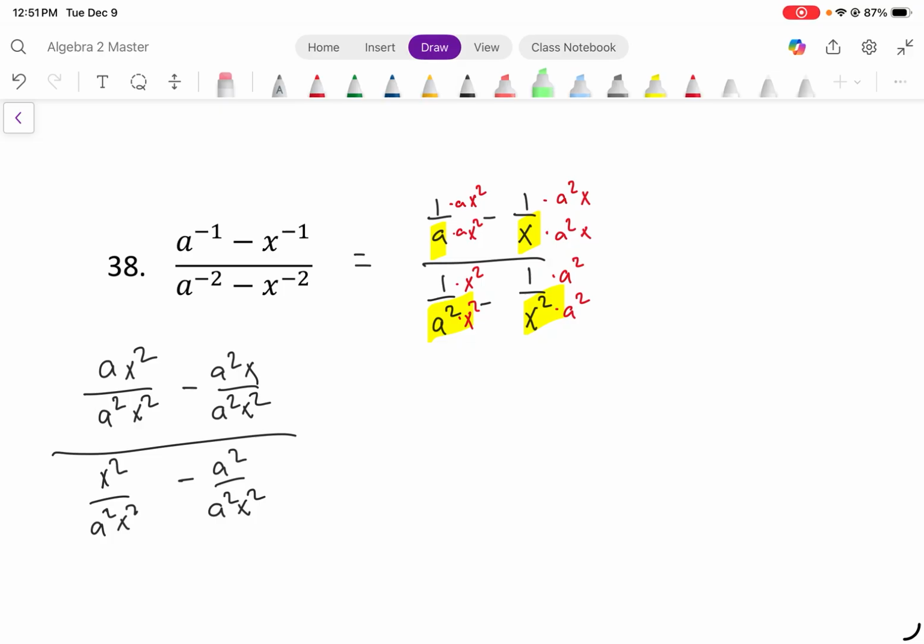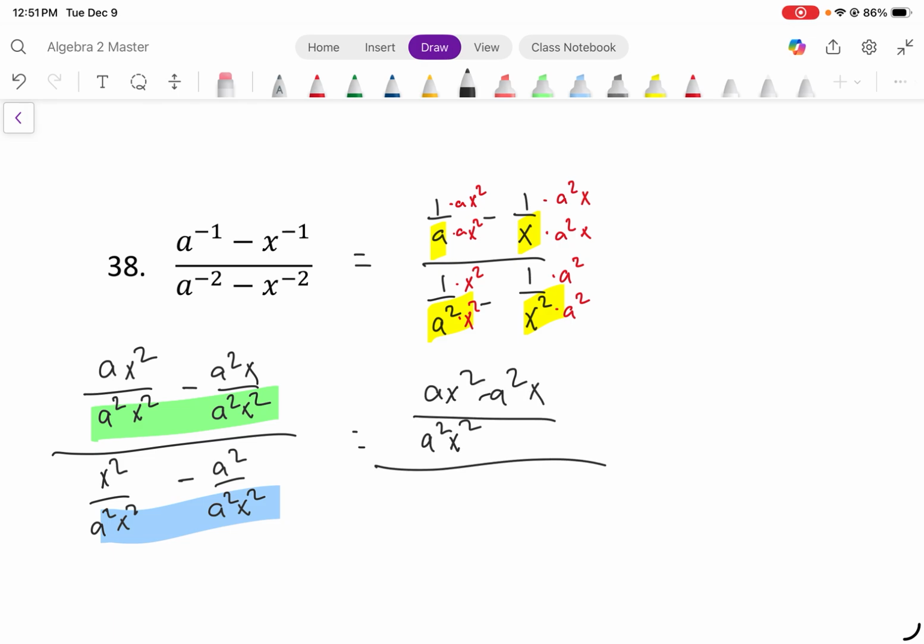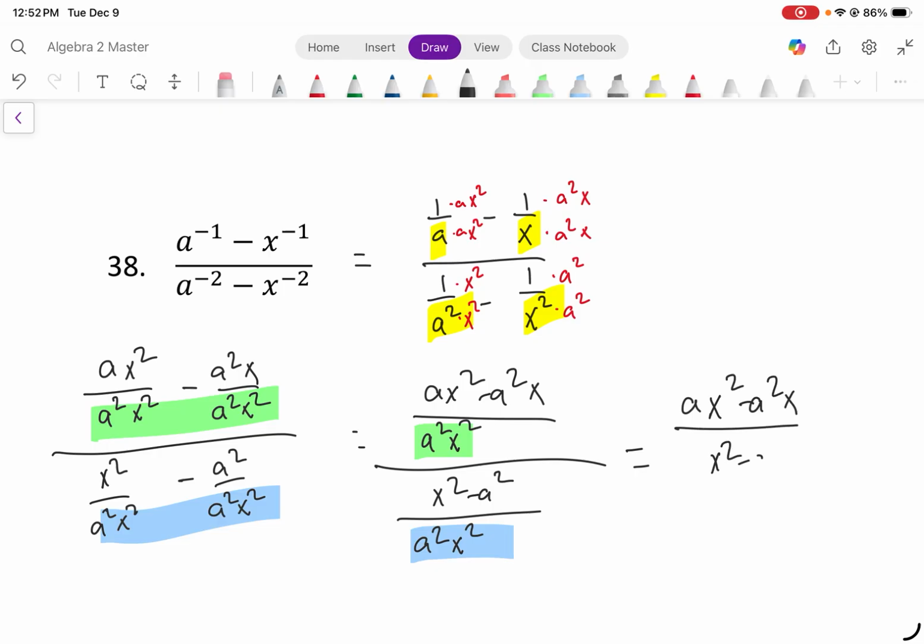But because these are the same and those are the same, this is ax squared minus a squared x over a squared x squared, over x squared minus a squared over a squared x squared, where this is the same green and that's the same blue. And because those two are the exact same, this is now ax squared minus a squared x over x squared minus a squared. Okay?